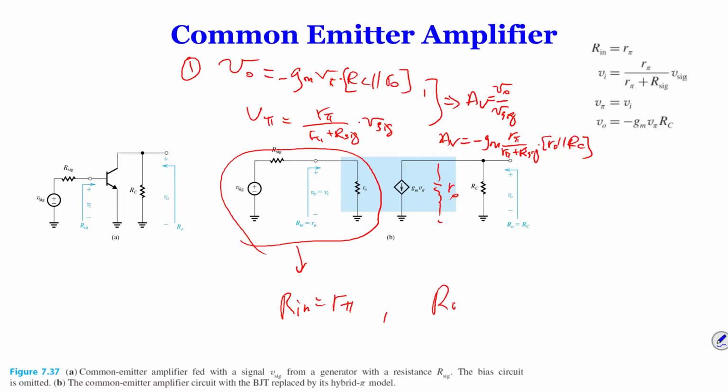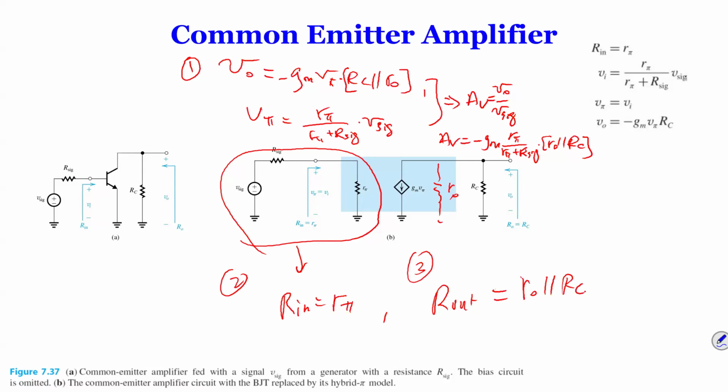And your R out, we can do the same thing. When we short this, this voltage becomes 0, so this becomes open circuit. So our output resistance in this case is simply RO in parallel with RC.